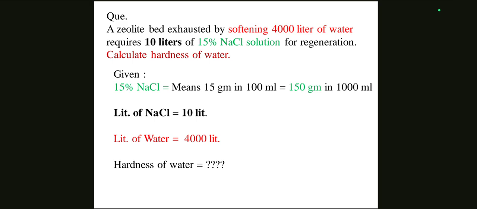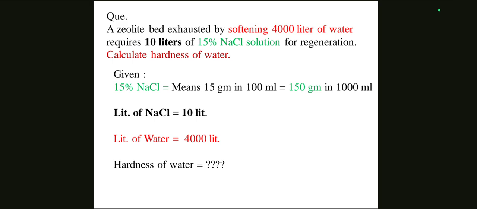And what about the grams of NaCl? It is given in percentage. We have to convert that percentage into grams. So here what you have to find? Hardness of water. Now, as per the question, you have to write the given. First, the percent NaCl is given, that is 15%. For the first formula, we require grams of NaCl.